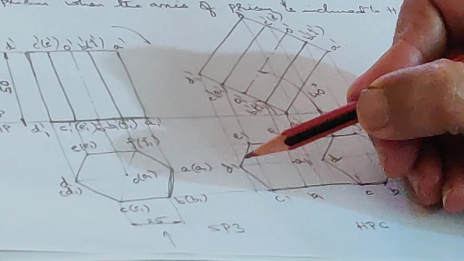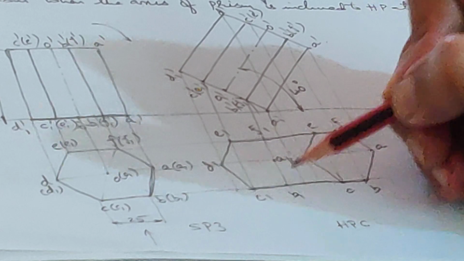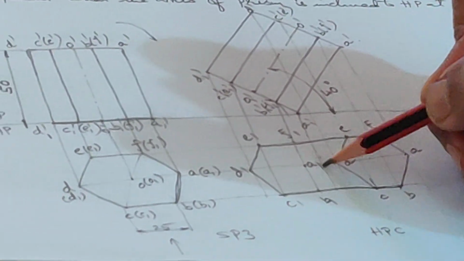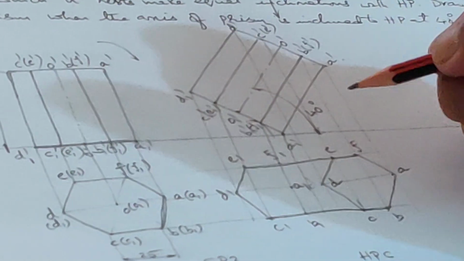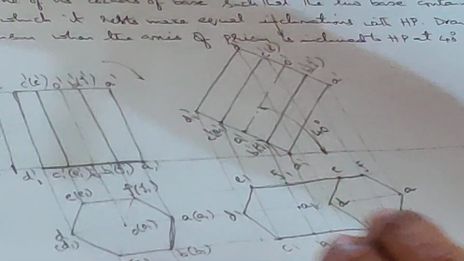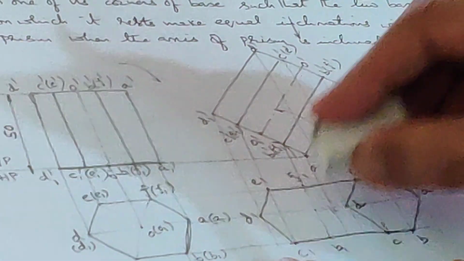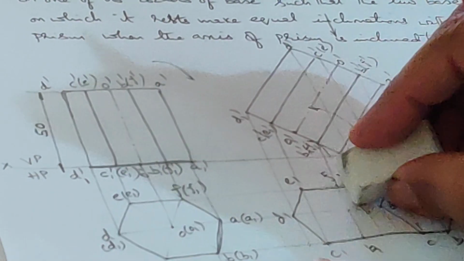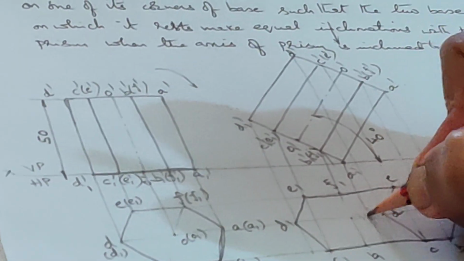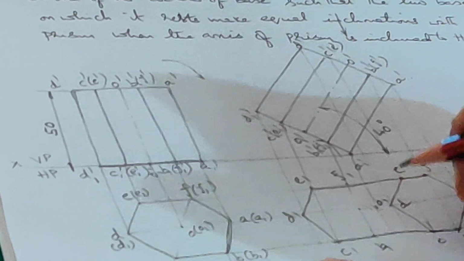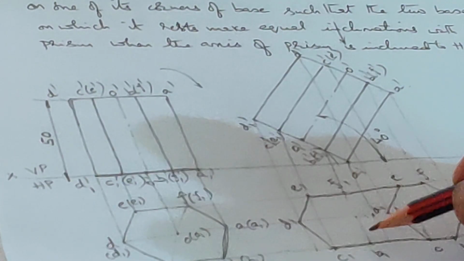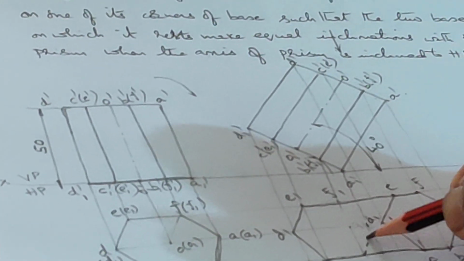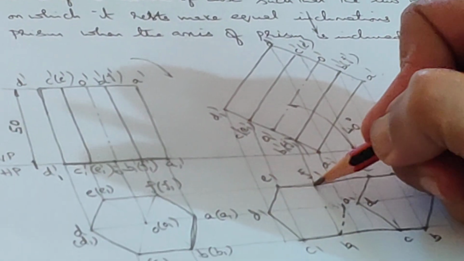F1E1, E1D1, D1C1, C1B1, B1A1 and A1F1. Now B1A1 and A1F1 are inner lines. They are not coinciding with the boundary. So the rule says they are invisible. So I am making them dotted.